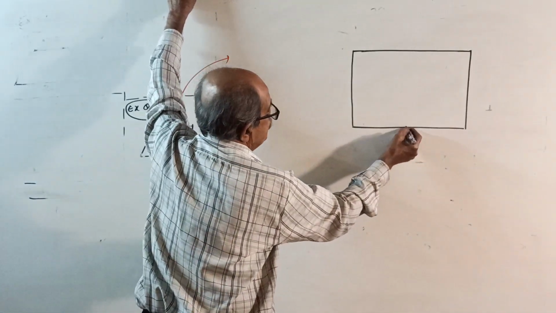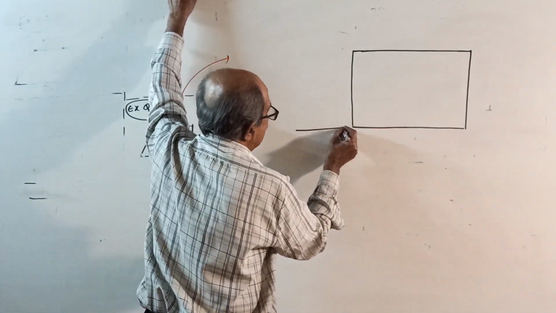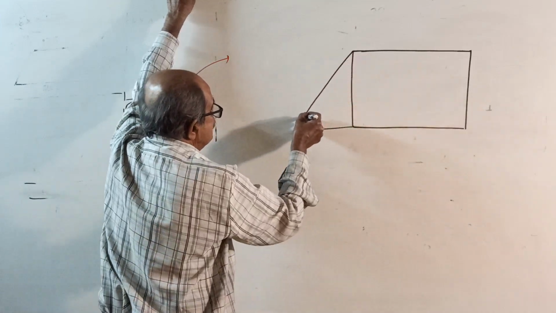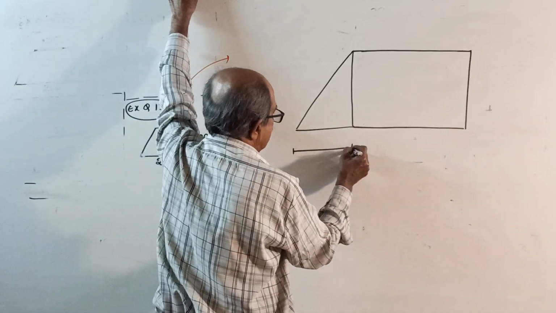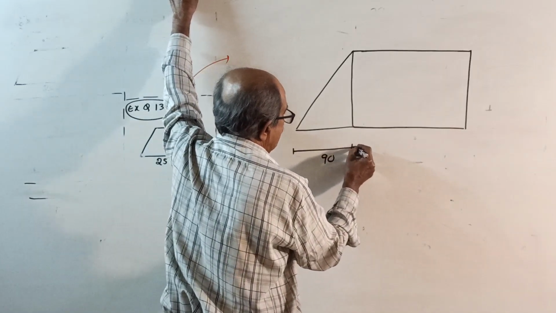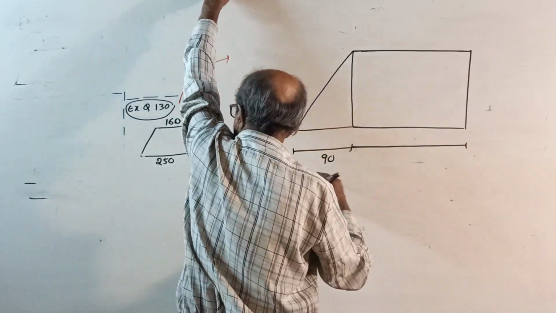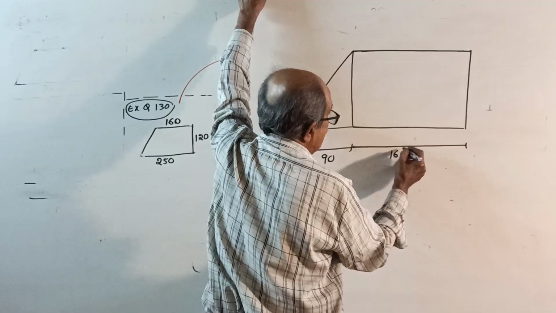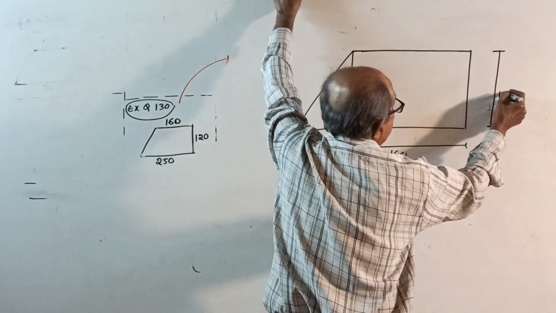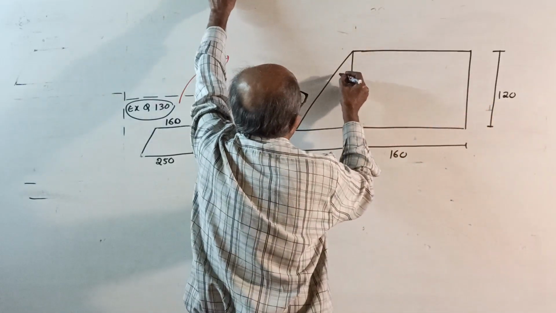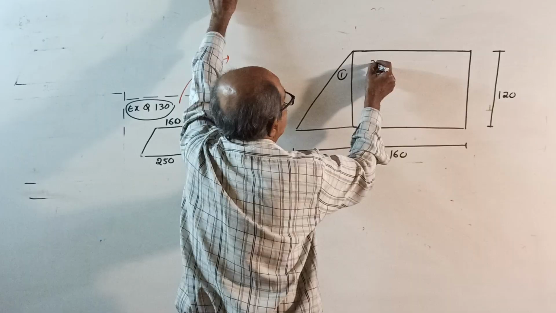This is 160, half is 80. This one. So dimension wise, this is 90, this is 160, and this total height is 120. This I will take as part 1. This I will take as part 2.